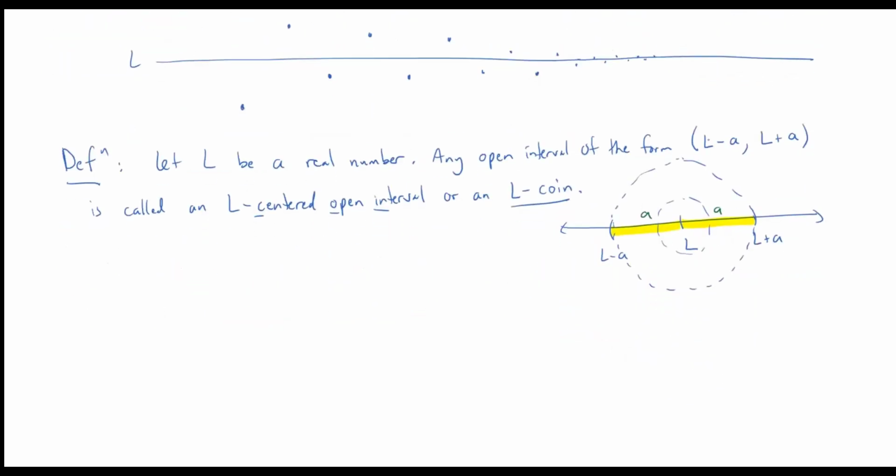Now I started this way because I don't want to use Greek until I have to, because I know people are scared of Greek. But we need to learn it at some point. So when we're talking about L coins, the size of the L coin, that'll be this radius of the circle, which is A. We like to use a specific Greek letter, and when I say we, I mean mathematicians.